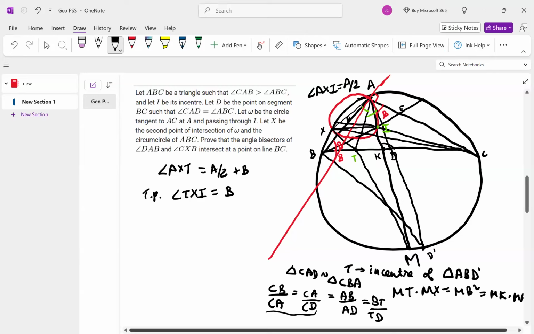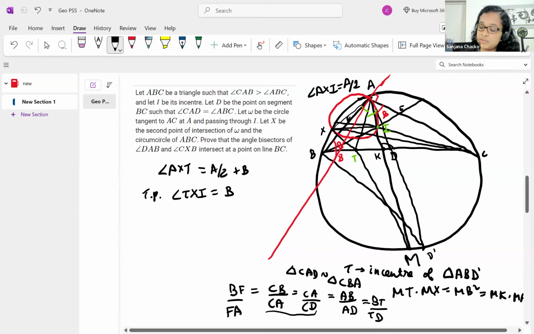CA by CD would be A by IK. No, CA by CK. Yes, but what would CB by CA be equal to by a similar logic? CB by CA would be BF by FA, right? Yeah. And what does this give you? You have BF by FA is equal to BT by TD.